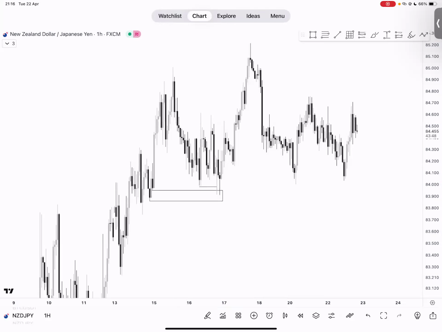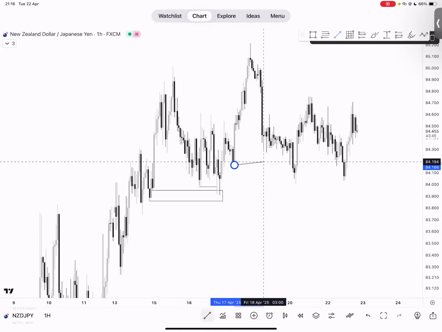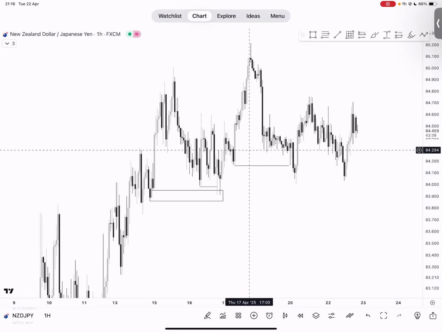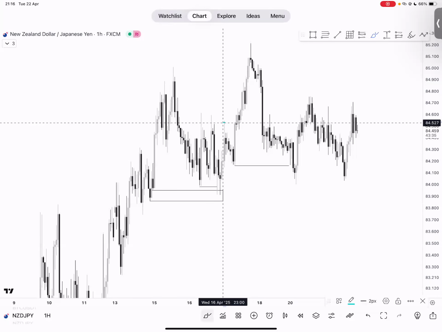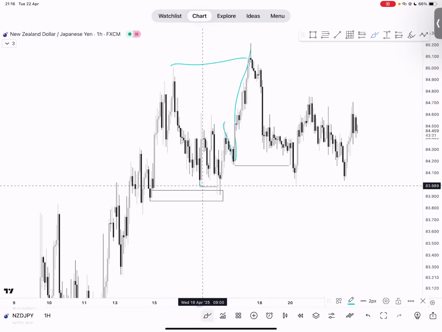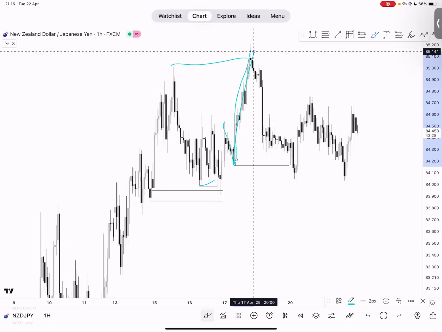And then here price puts in the inducement leg structure. You can see that the inducement leg was created before price took out an external high. All right, you have the sweep and inducement leg before price broke out of an external high, and then what happens?